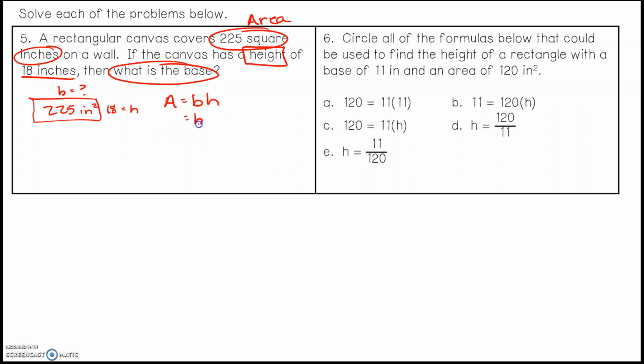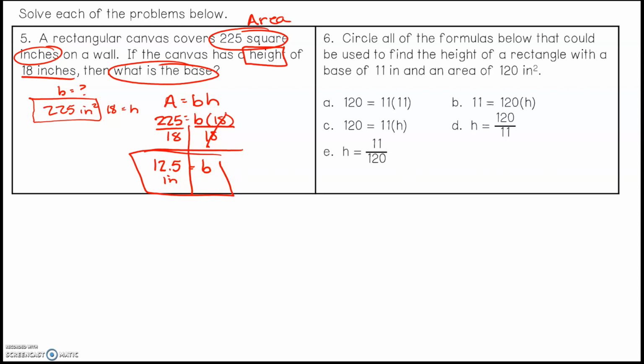We don't know what b is, but we know that the height is 18 and the area is 225. Divide by 18, because we're multiplying between these two. So 225 divided by 18, you can use your calculator, is 12.5 inches. This makes 1b. So that's our answer for number 5.